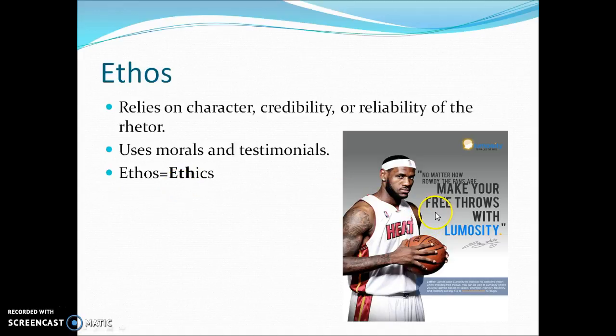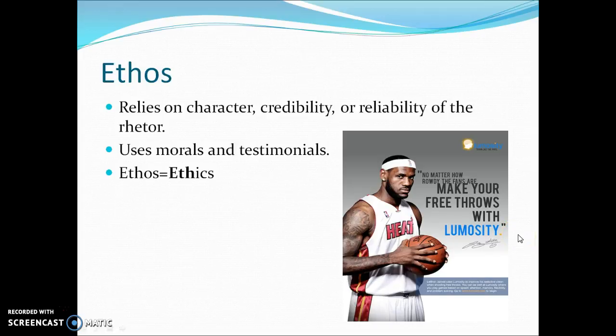And an example of ethos in another ad is this ad for Lumosity. You have LeBron James and a quote by him saying that you should use this product because he apparently uses Lumosity to improve his selective vision when shooting free throws.